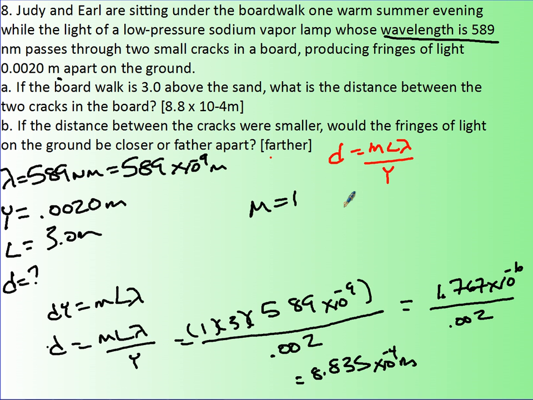Would the fringes of light, so I'm looking for y. So in this case, it's m lambda L over d. If the distance between the cracks were smaller, then the fringes of light, y, would actually be larger. So it'd be farther.